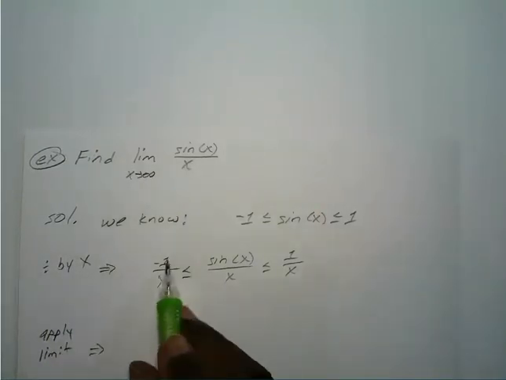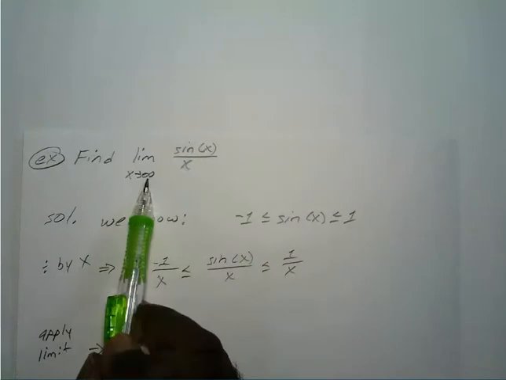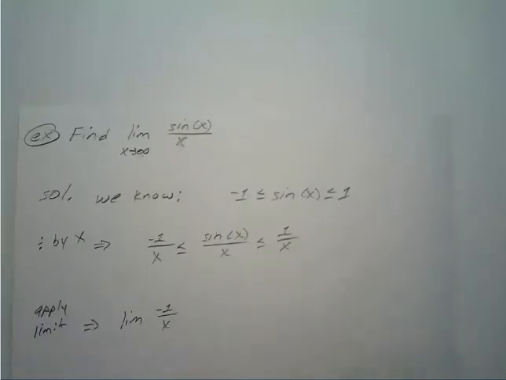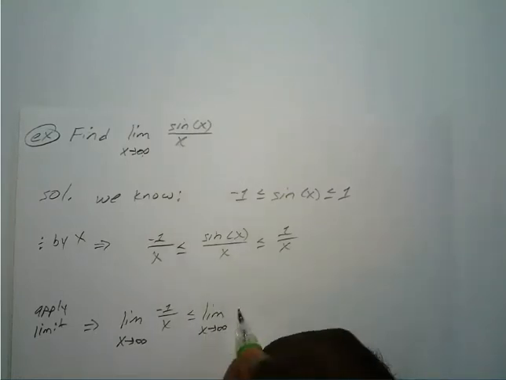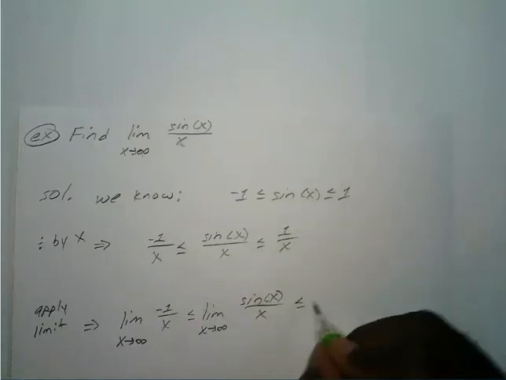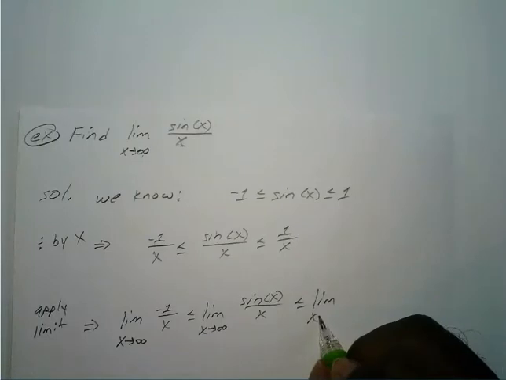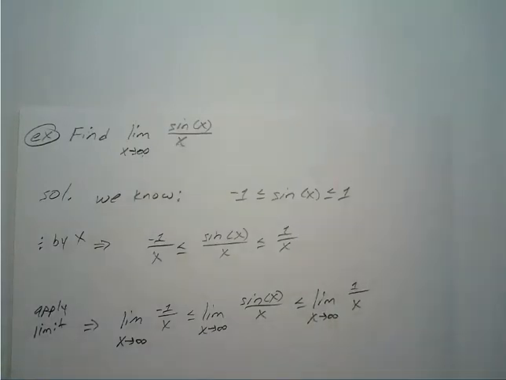So we have the limit of -1 over x as x approaches infinity, less than or equal to the limit as x approaches infinity of sine of x over x, less than or equal to the limit as x approaches infinity of 1 over x.